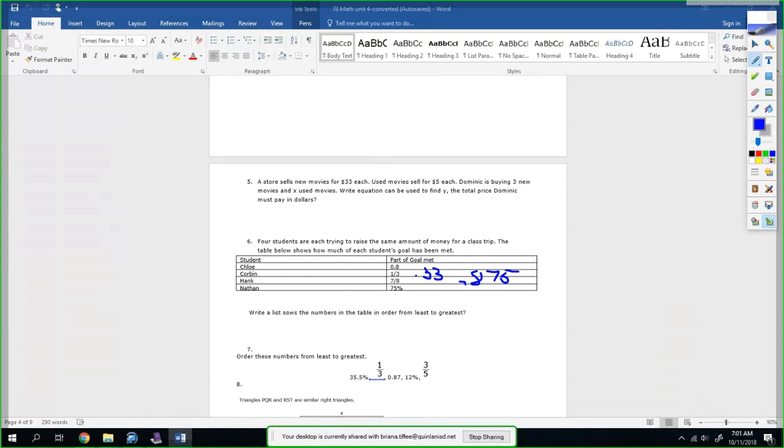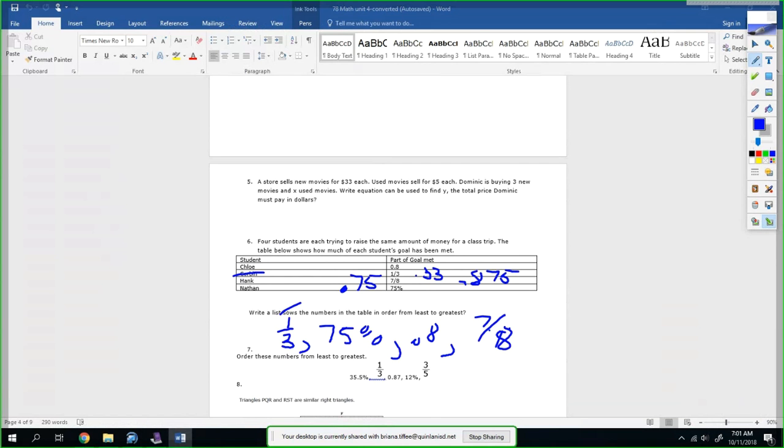And then 75% is 0.75. So write a list that shows the numbers in the table in order from least to greatest. So the least is 1/3. So 1/3 will go first. So I'm going to cross off Corbin's name. And then after 1/3 is 75%. Then 0.8. Then finally 7/8.